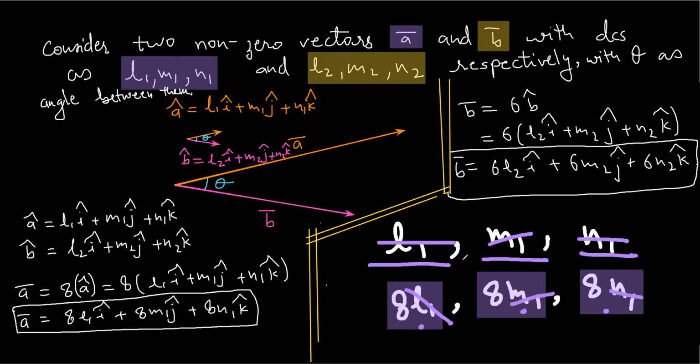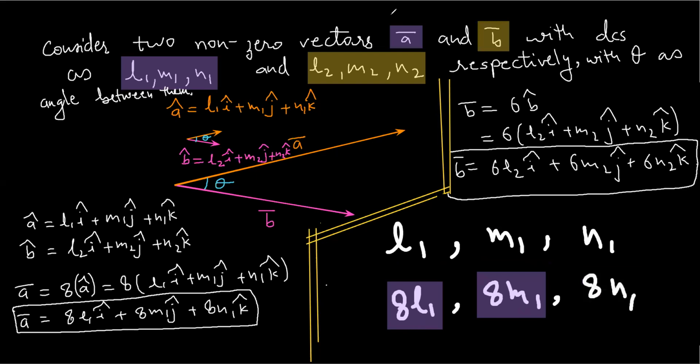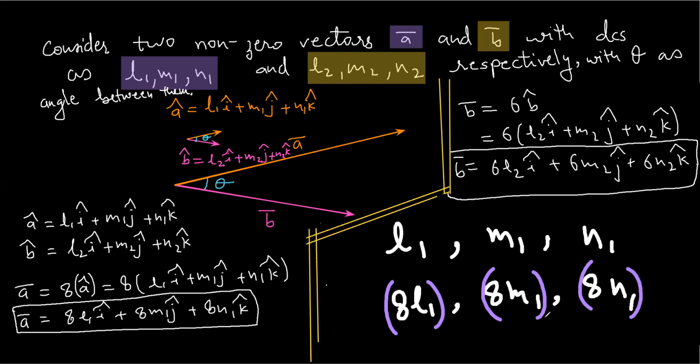You get 1 upon 8, 1 upon 8, 1 upon 8, all equal. So these three numbers are proportional, and whenever you have three numbers proportional to DCS, those three numbers become the DRS. So 8L1, 8M1, 8N1 are DRS of A bar.